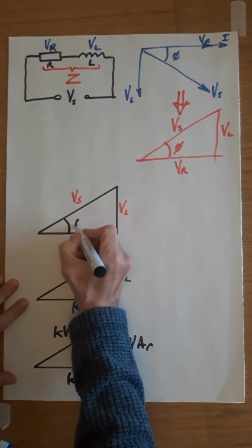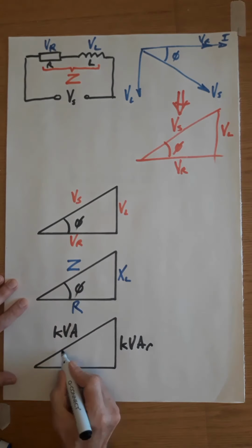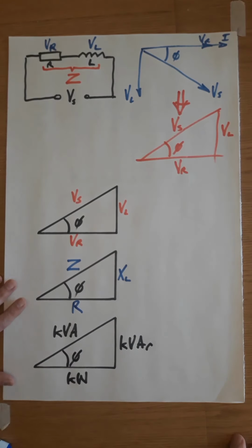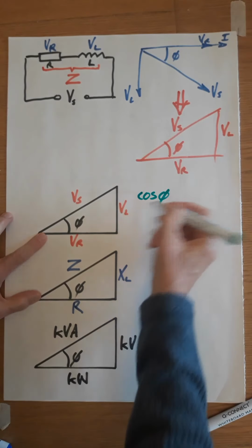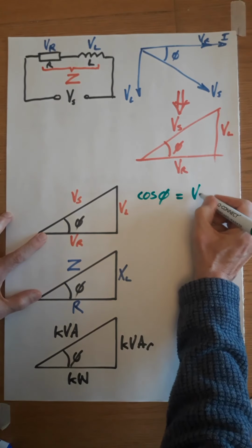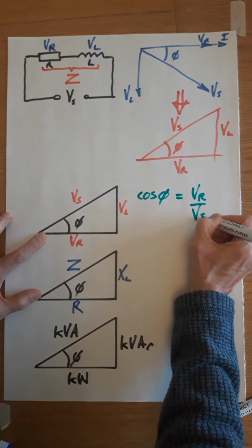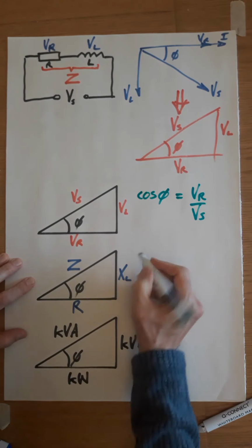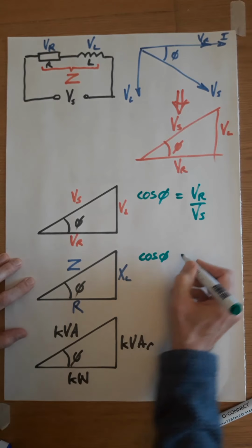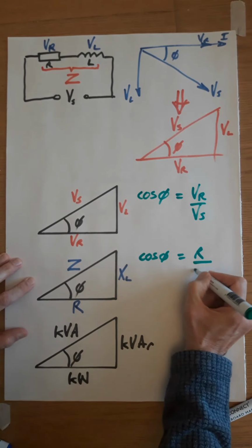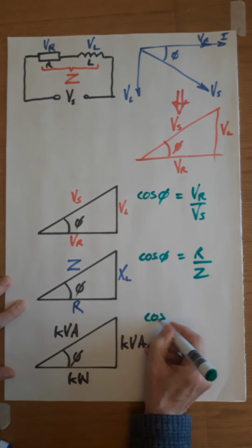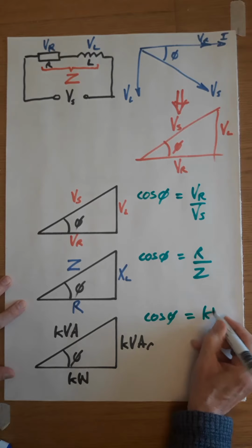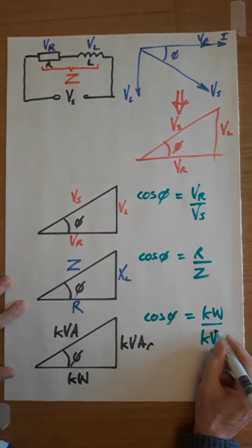In each case, we have the phase angle, and we can get power factor out of this. So cos phi, that's power factor. In this one, it's VR over VS. From this triangle, power factor is R over Z. From this one, power factor is kW over kVA.